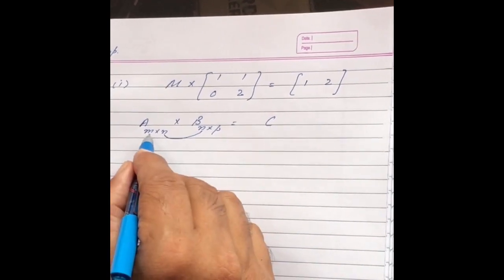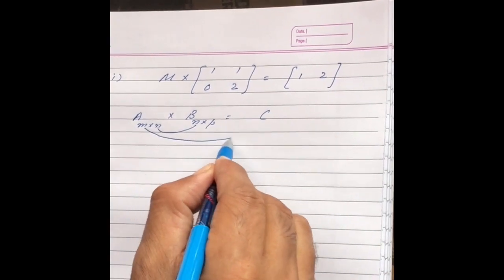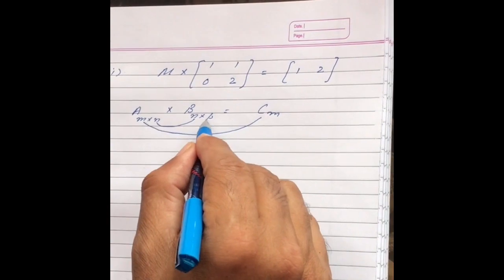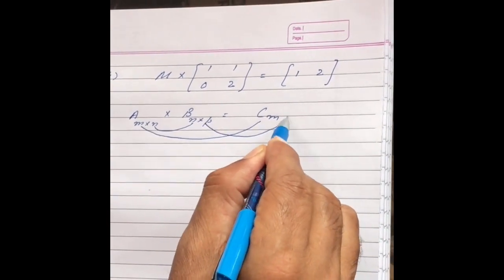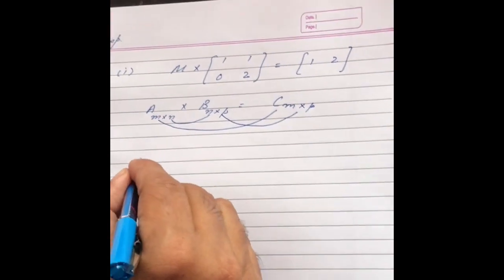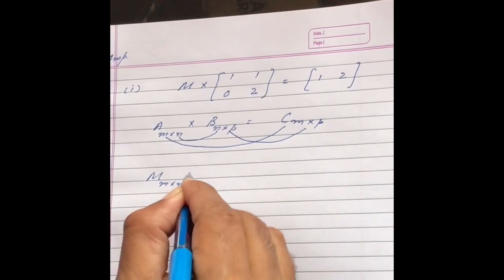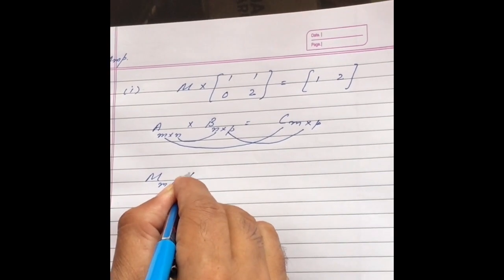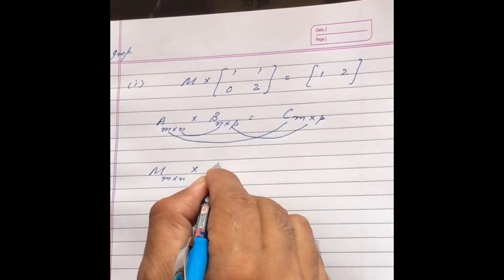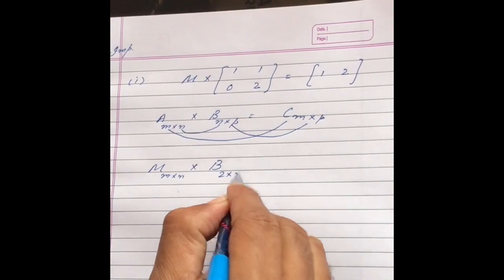In the answer, I take m from here, p from here. So let the order of M be m into n. Let the order of B matrix be 2:2.